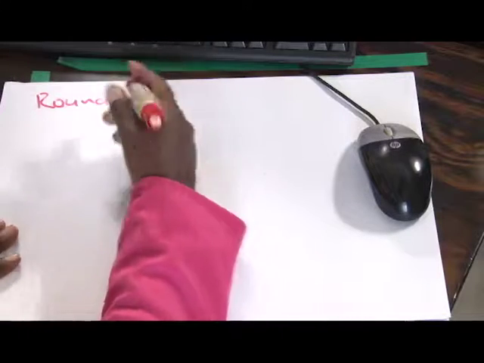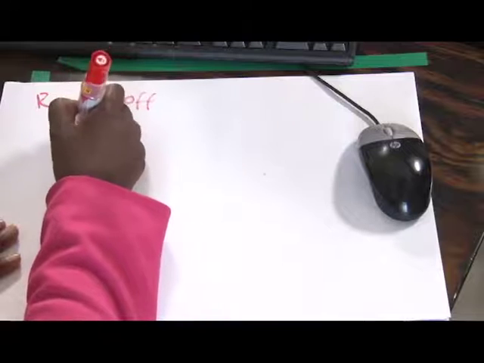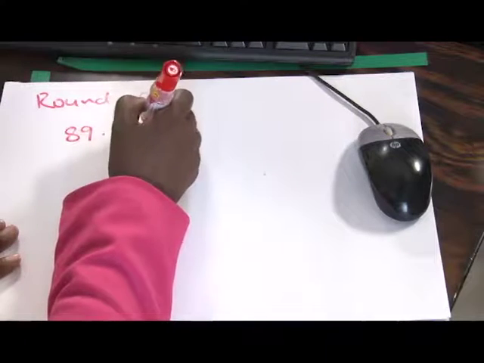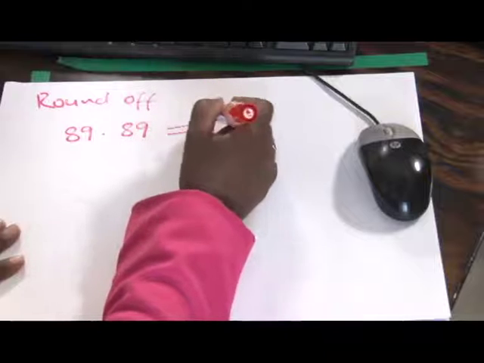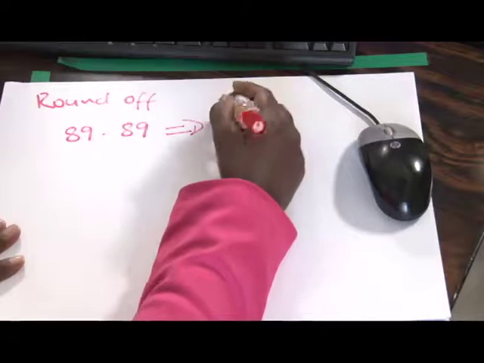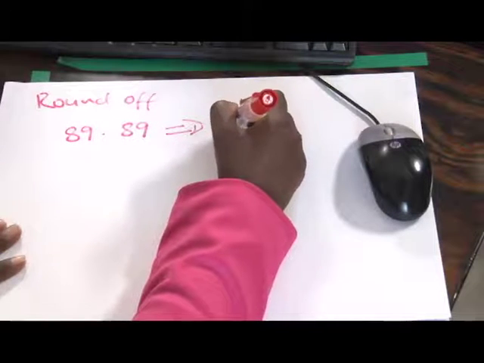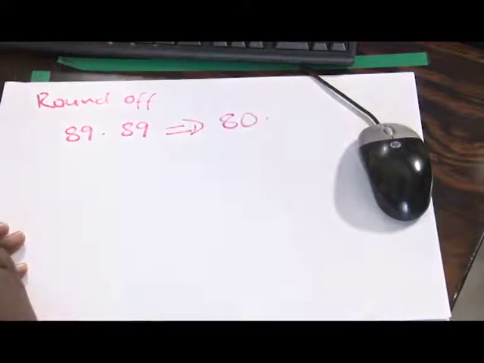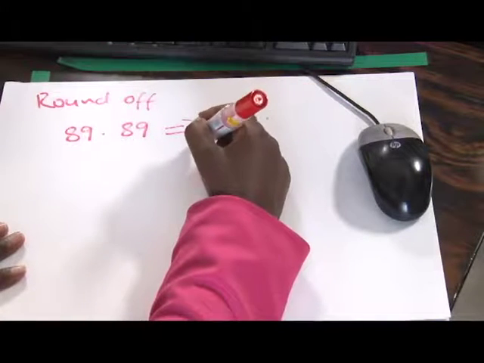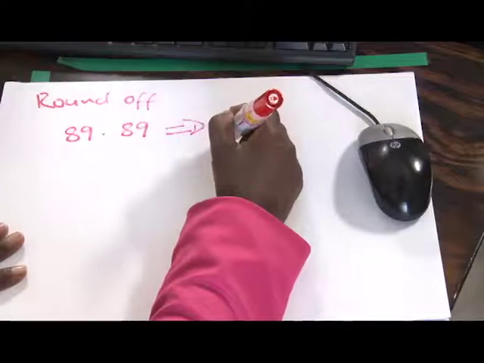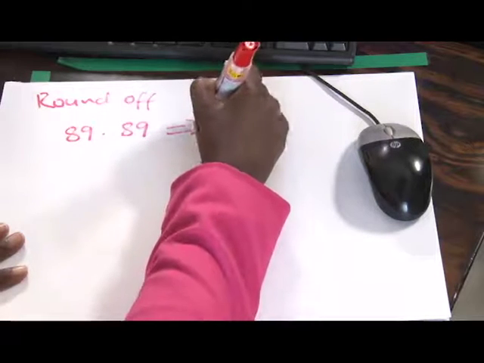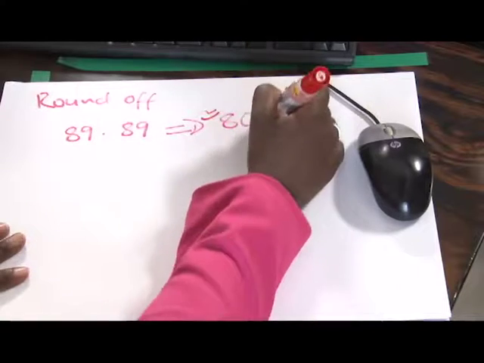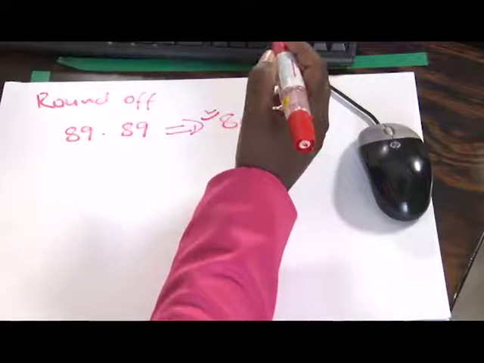And a person would have, let's say, 89.89 as an answer. And they will give the final answer as, let's say, 80. Mostly I have seen it, they approximate it to 80, which is wrong.